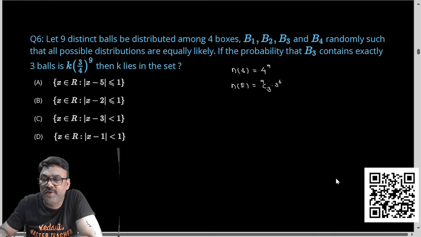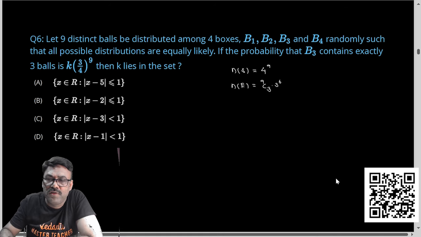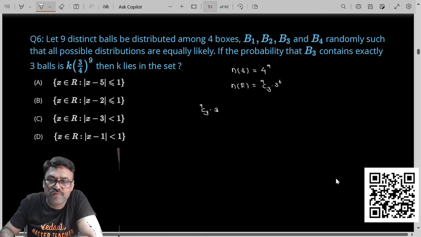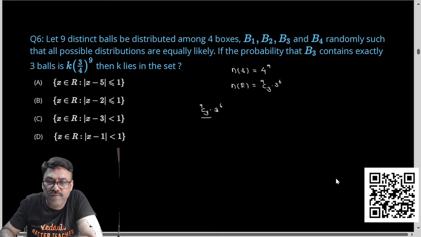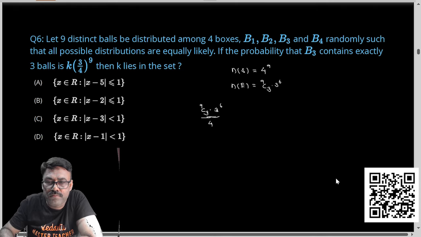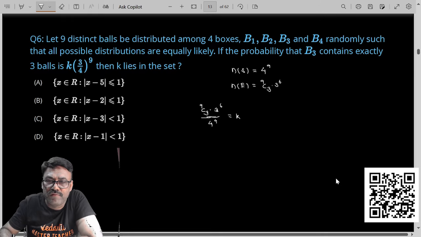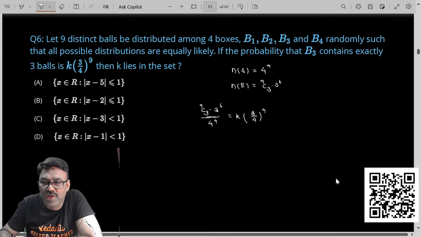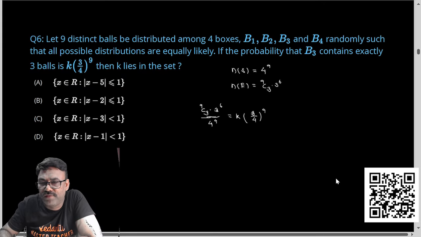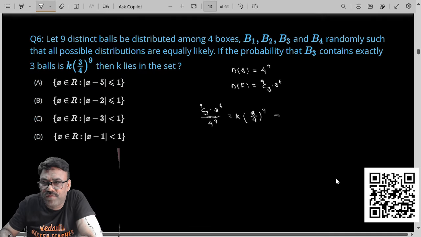So what is this probability? This probability is 9C3 into 3 raised to 6 divided by 4 raised to 9. And this is given as k times 3 raised to 9 by 4 raised to 9. So 4 raised to 9 can be cancelled from both sides.